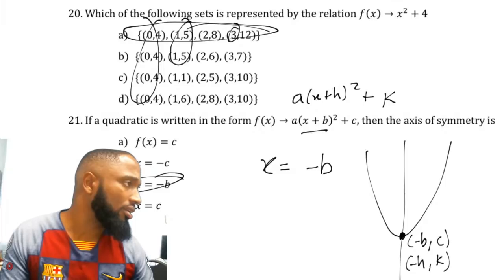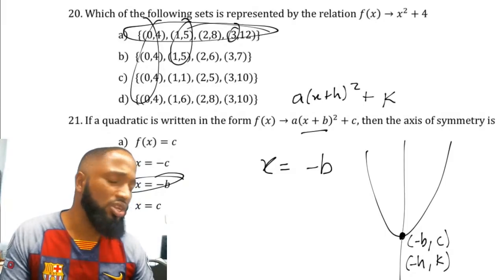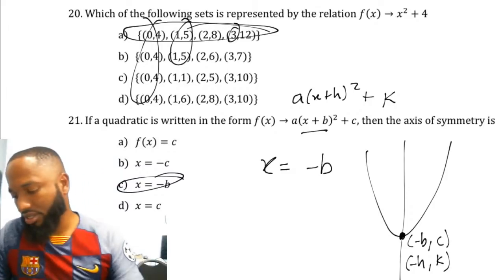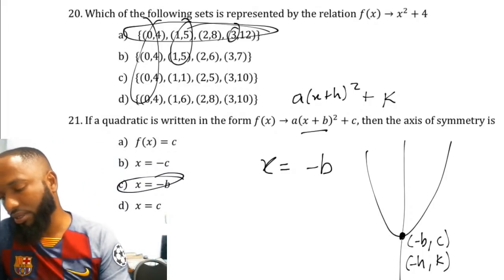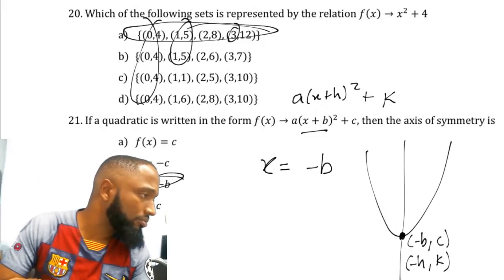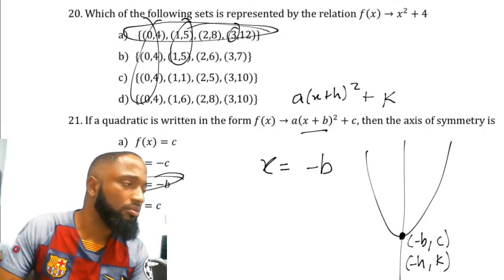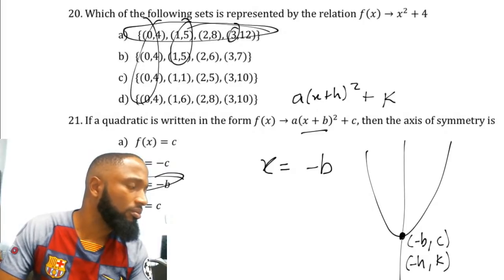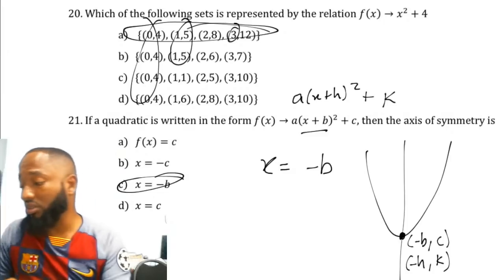Kevin, are you losing your mind? X is equal to negative b. Yeah, that's correct. Oh, it's still talking about this?